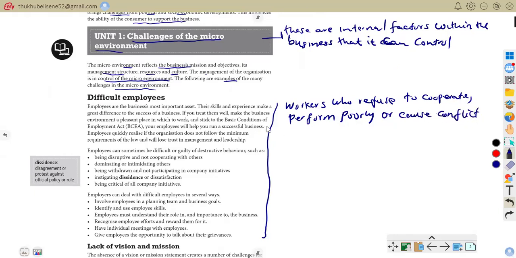For example, an employee constantly argues with co-workers, lowering team productivity.